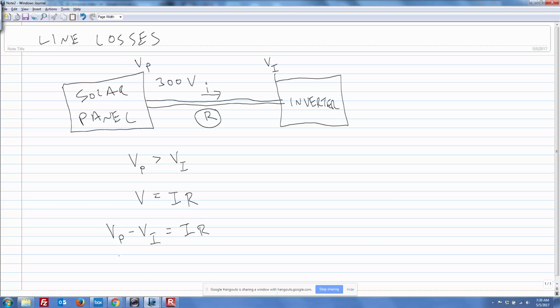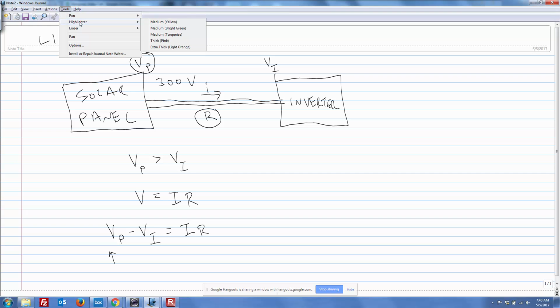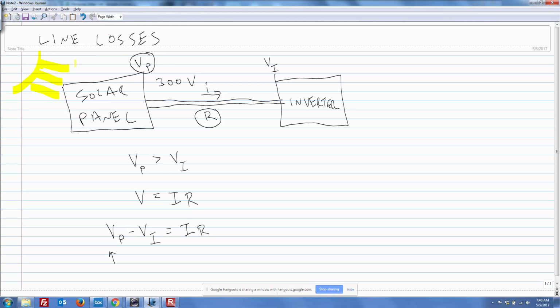So remember, VP is the voltage at the panel. This is where the sun, of course, comes in. So sunlight. These are electrons coming out at DC.